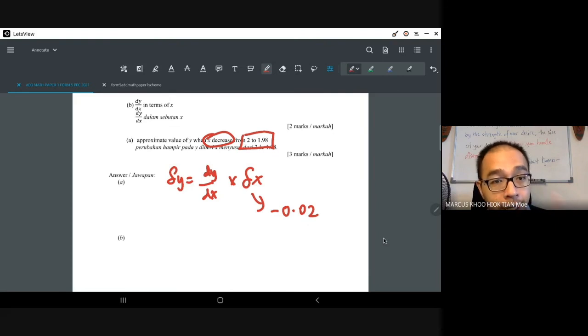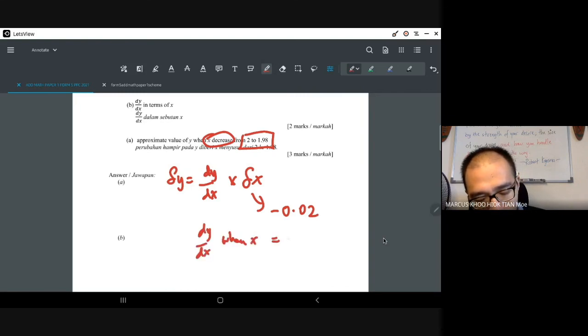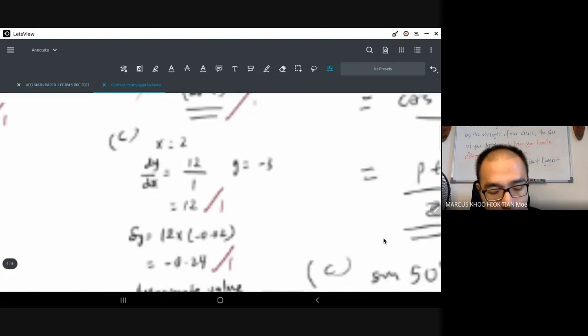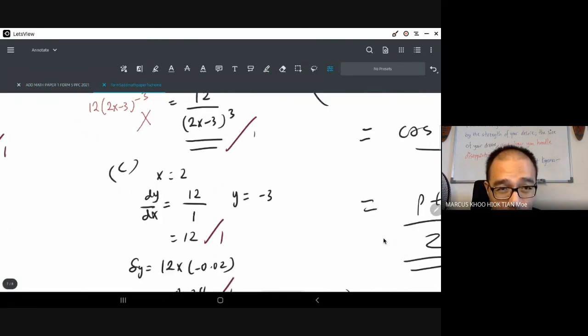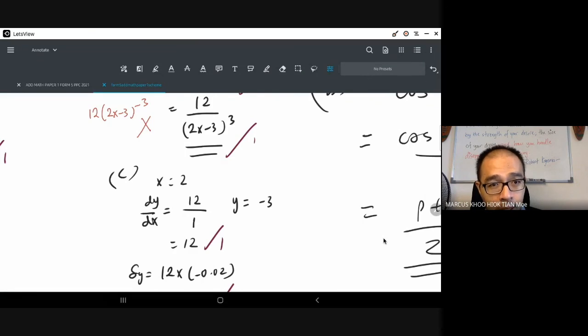So it will be a negative number. Now we need to find the value of dy/dx when x equals 2, the original value. Since you have found dy/dx in question B, I will just substitute the value of x equals 2 inside here.